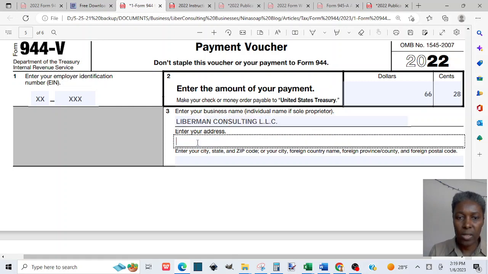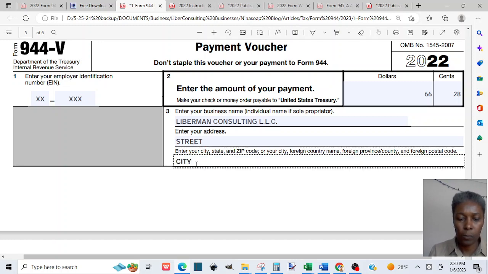You put the address, the city, zip code, and then you'll get your check and you will complete the check.